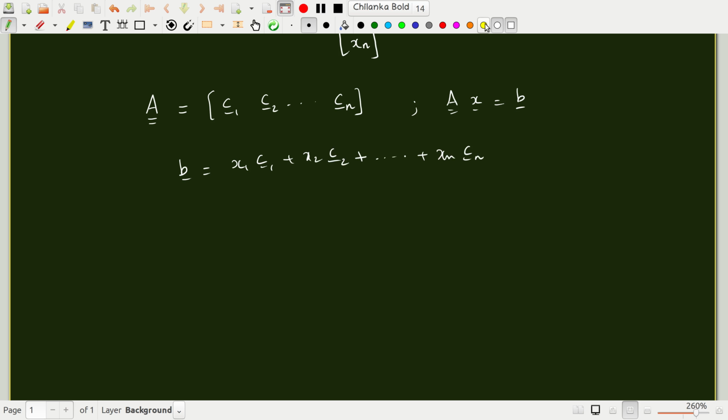Here B is a known vector of order m by 1, and the Cn's are known column vectors of order m by 1, and x1, x2 up to xn are the unknowns.